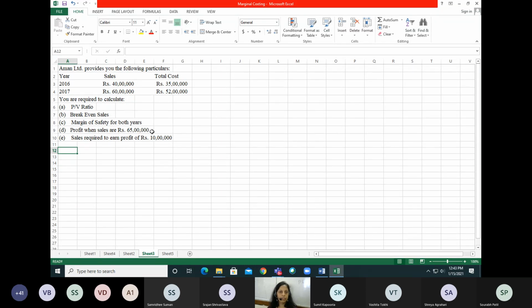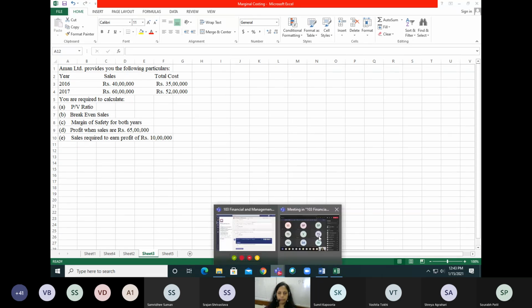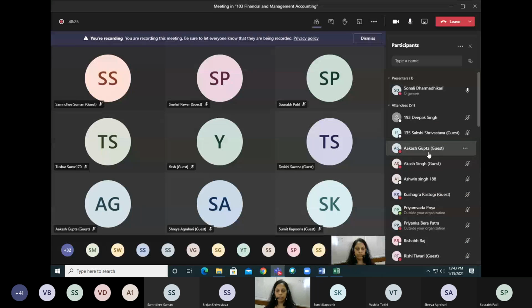Anyone think and tell me what will be the first step? They have given sales and total cost. So what will you calculate first?